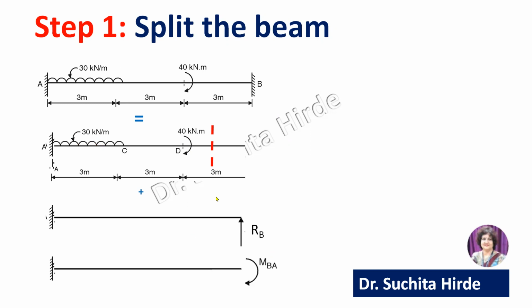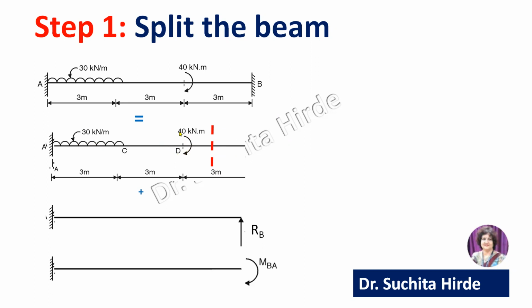While drawing the bending moment diagram, you have to look at the right portion of the section. For example, while drawing the bending moment diagram for 40 kilonewton meter, up to D there is no load if you look at the right side of this beam. When we go to D, there is a moment of 40 kilonewton meter.